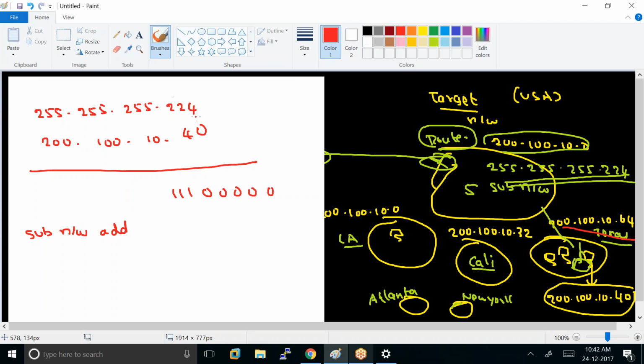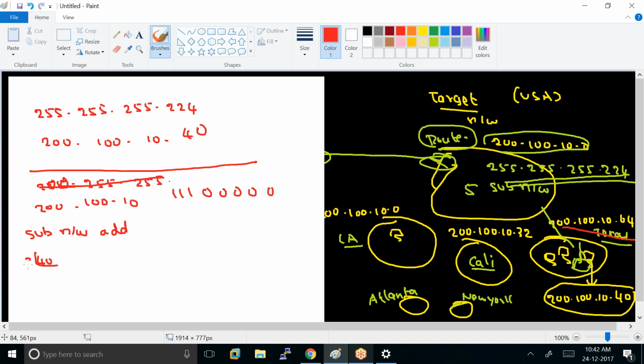The mask is 11111111.11111111.11111111.11100000, which is the equivalent. Being an AND operation, for 255 we keep 200.100.10. Here only you want to apply 224. Now you want to compute for 40. The binary equivalent of 224 is 11100000.